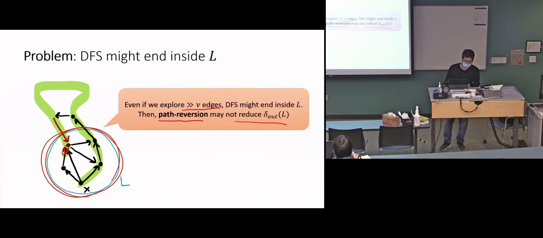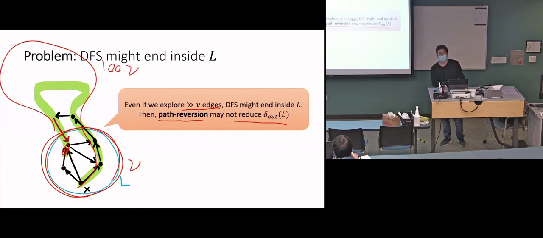Suppose that I have explored, so this is nu edges, and let's say I have explored 100 nu edges. What is the way to get some node outside L?